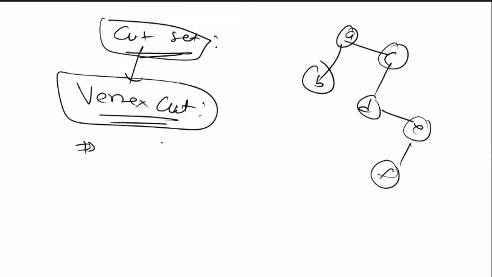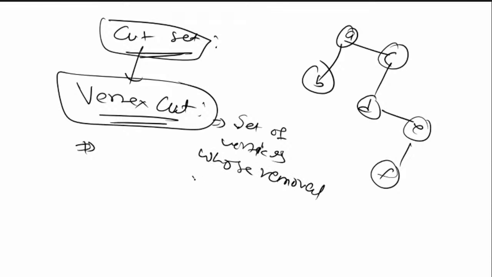That is the definition. So basically, a vertex cut means a set of vertices whose removal will increase the number of components.